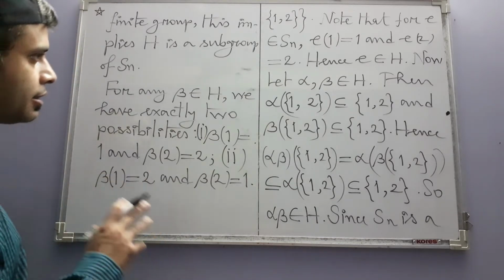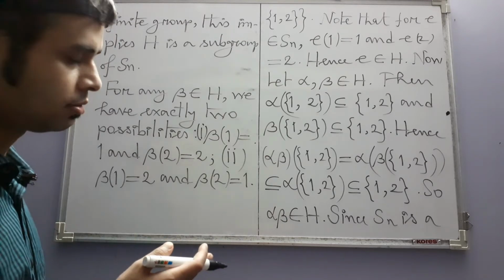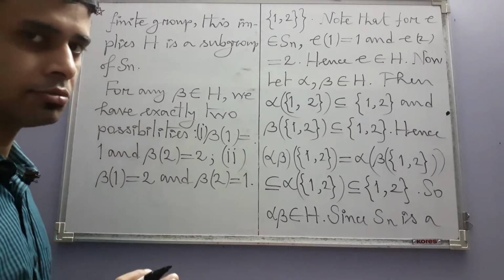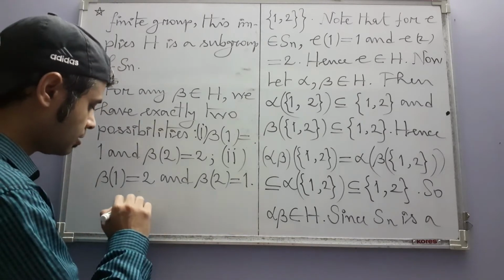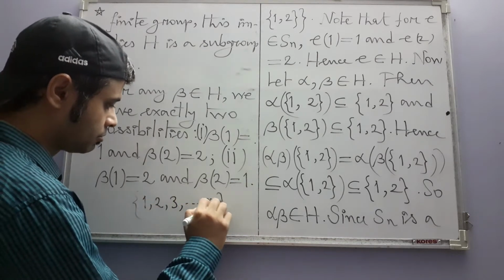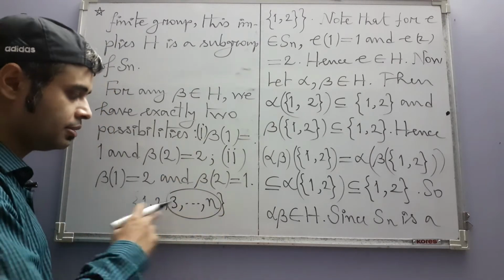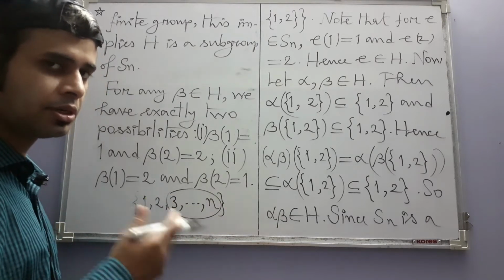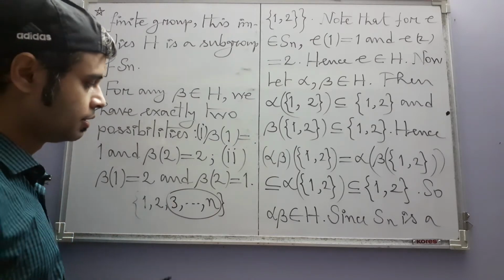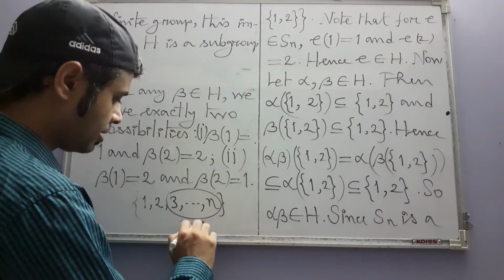And what about the other symbols? What is the behavior of beta on the other symbols? That is not restricted in any way. So elsewhere on this set of symbols, beta actually can permute the remaining elements among themselves in any possible way. How many elements are here? n minus 2.